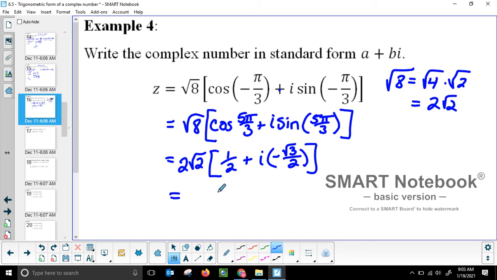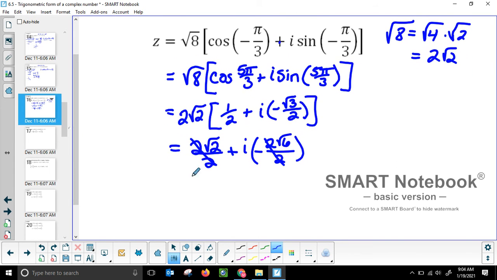So now when I distribute, I'm going to get 2 square roots of 2 over 2, which would cancel here, all right, plus i times 2 square roots of 2 times square root of 3, of course we're going to have a negative out here, that would be 2 square roots of 6 over 2, so these would cancel, all right, so putting that in a plus bi form, this would just be the square root of 2 minus the square root of 6 i.